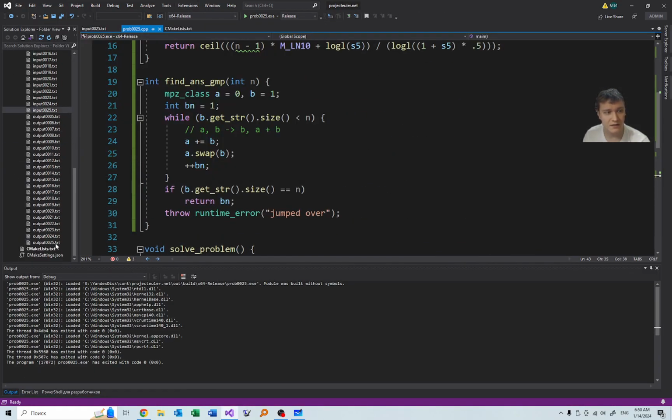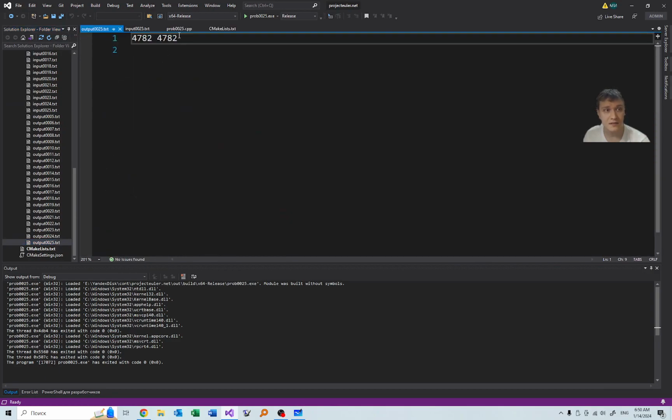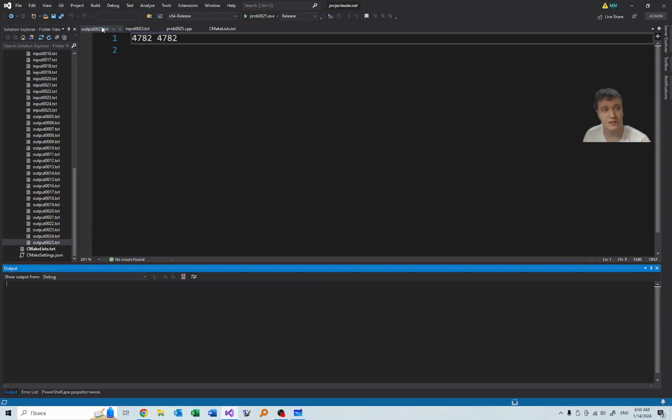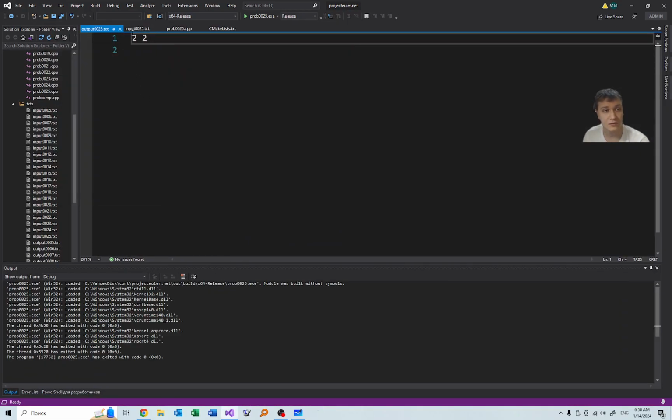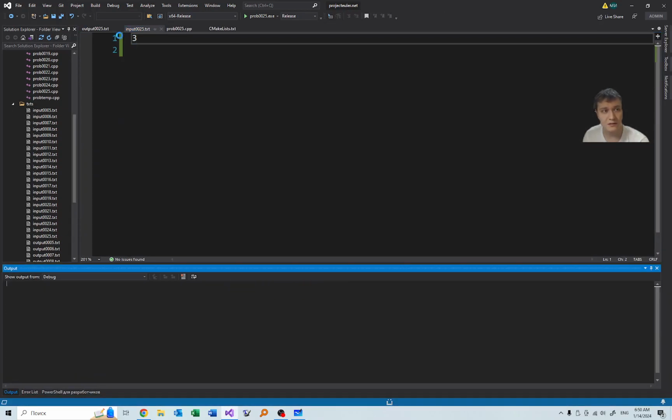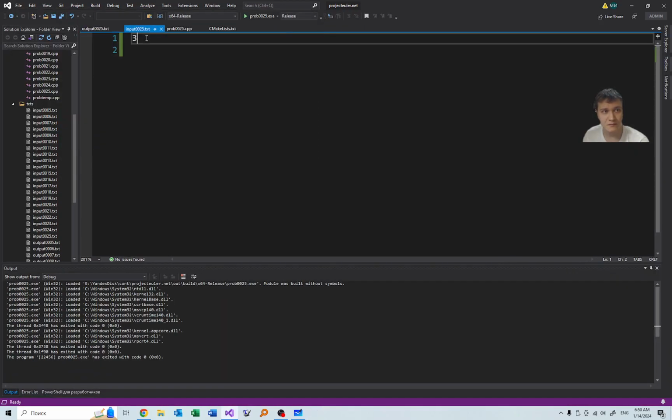Let's see if the answer is the same. Yes, the answer is the same. Let's check if it is the same for 1, for example, because I believe it might not be. No, it's the same. And for 2? Okay, for some reason, this term didn't mess it up.